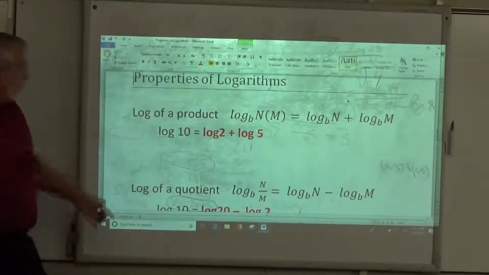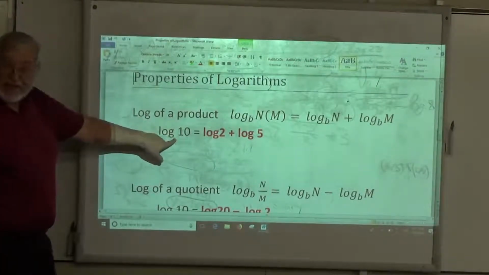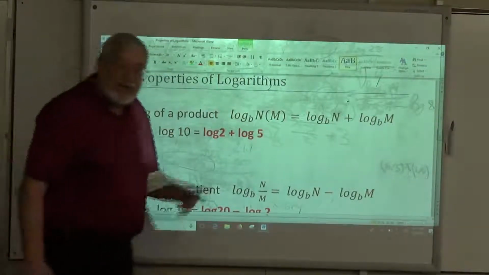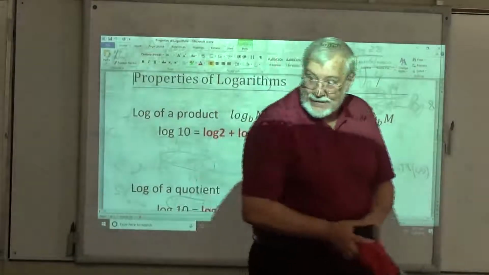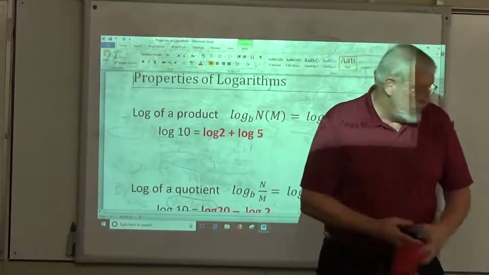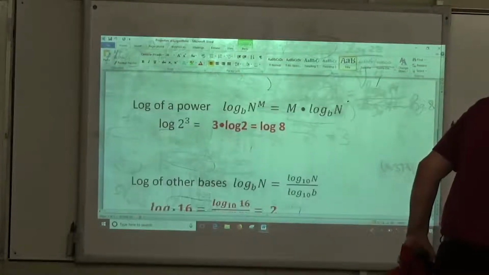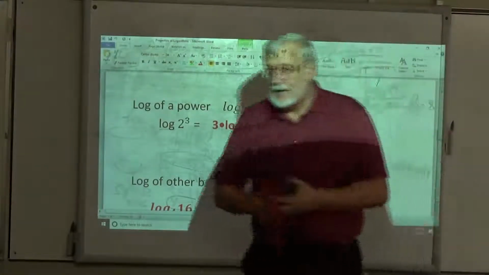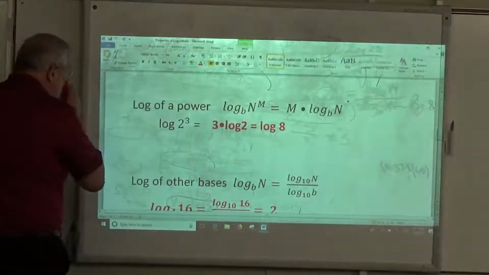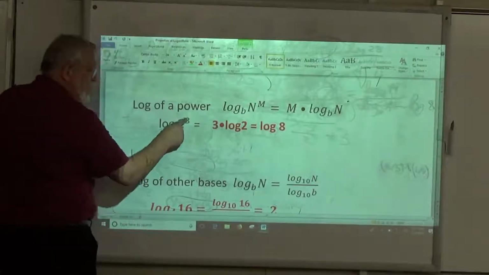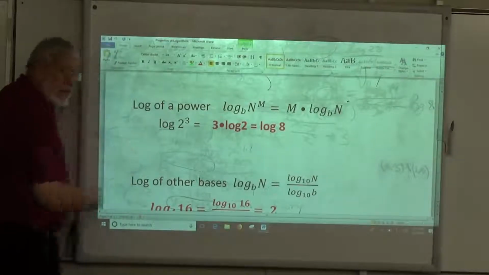Right now, the easiest one to do is if there's a base here, if you can get this number to be the same as the base, then you know that that value is 1. Okay? All right, so quotients, you divide. Power of power, what happens? This number comes out here.